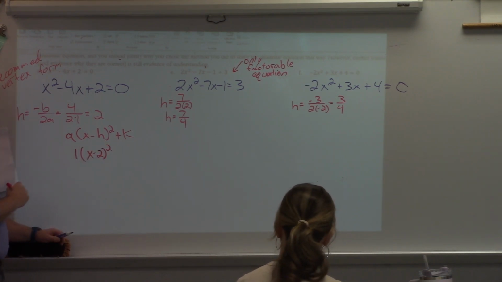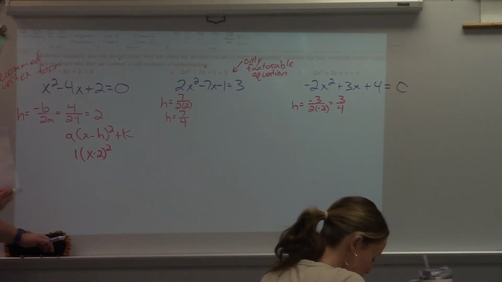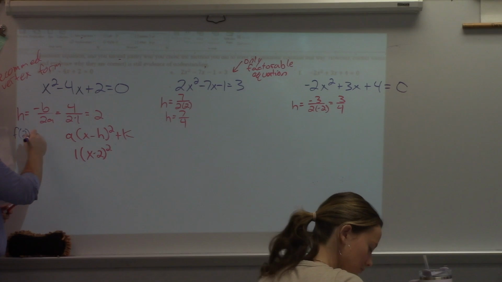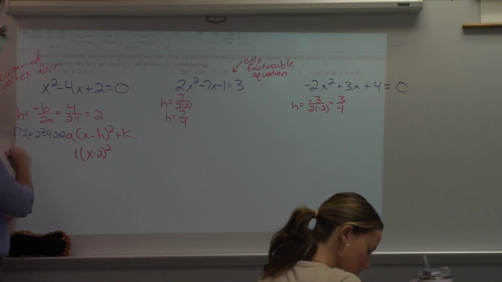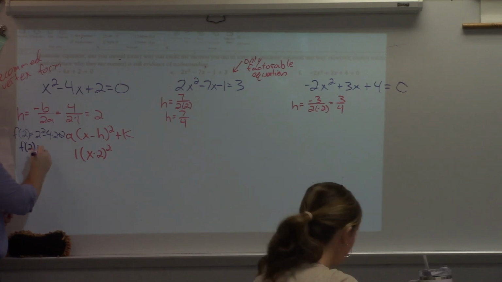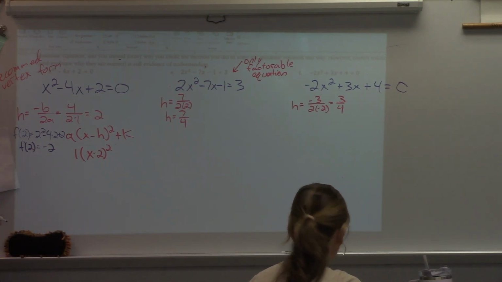How do I get that K though? Remember, H is my input and K is my output, right? So F of 2. And so if I type that into a calculator or do it by hand, whichever makes your heart happy, you get negative 2, I think. Yeah, negative 2.